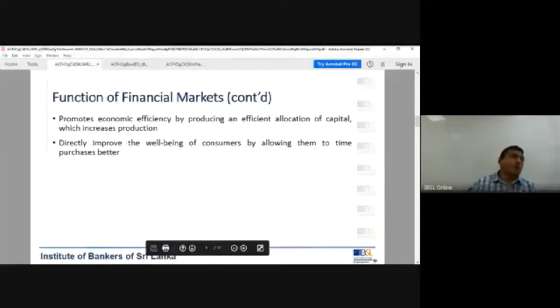How? We small savers would not necessarily know that I'm going to invest in ABC company or XYZ company, and what type of business they are doing. We don't have that acumen, and we don't know how to go through the greater details of that project. We don't know that Pfizer is producing this vaccine, right?